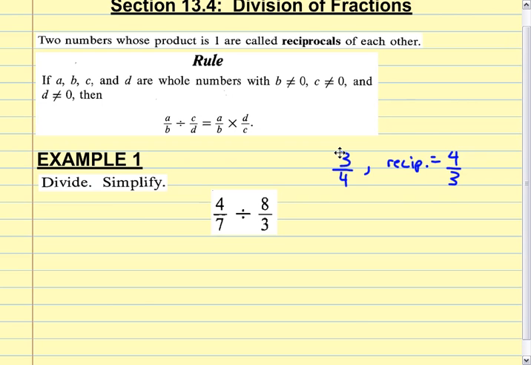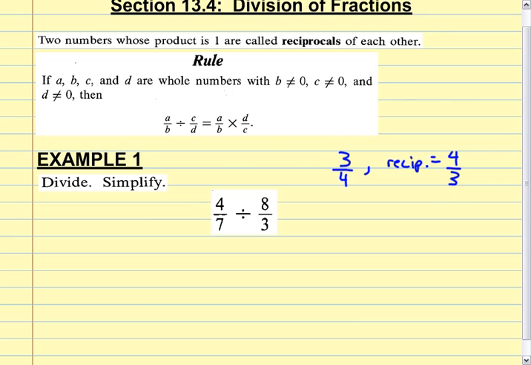Suzette, why can B, C, and D not be equal to 0? Because they're denominators, and we can never have 0 in a denominator. You'll see B, D, and C are all in denominators in this example, and we can never have 0 in a denominator. That's why they said that.